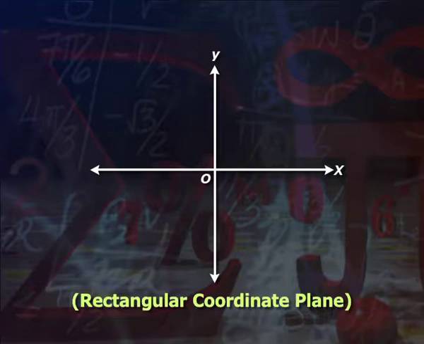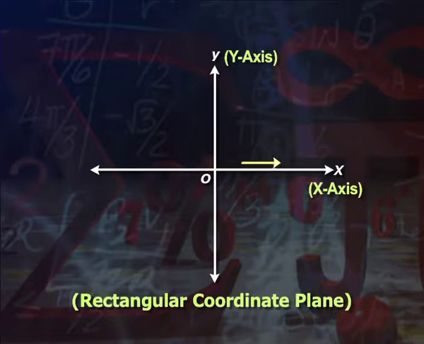If necessary, after rotating the plane, we visualize this plane as shown in the figure. The horizontal line through origin is most often named as x axis and the vertical line through O is named as the y axis. Further, the right half x axis is called the positive x axis and the left half x axis is called the negative x axis.